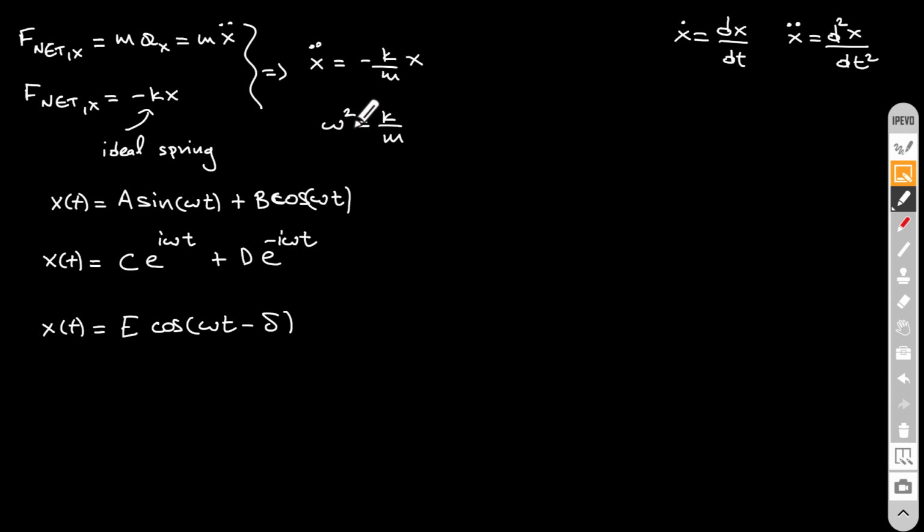Now, if I set a constant, omega squared, to be equal to k over m, then I can write this as x double dot equals minus omega squared times x. This is the differential equation I have to solve in order to find how x behaves as a function of time.